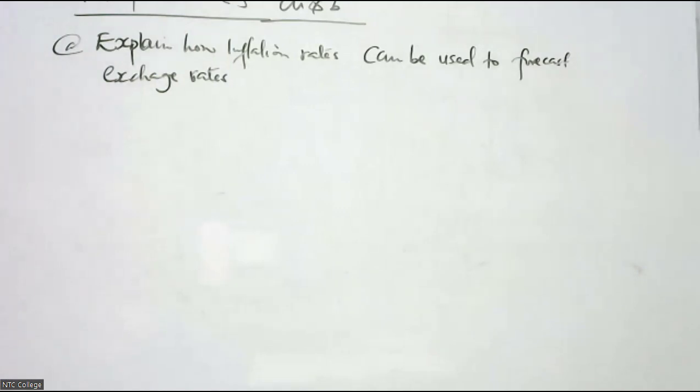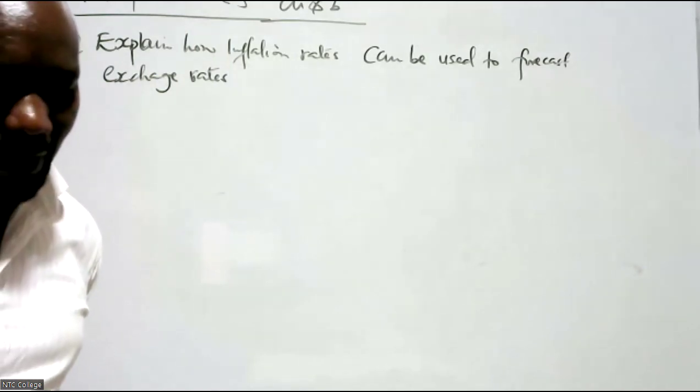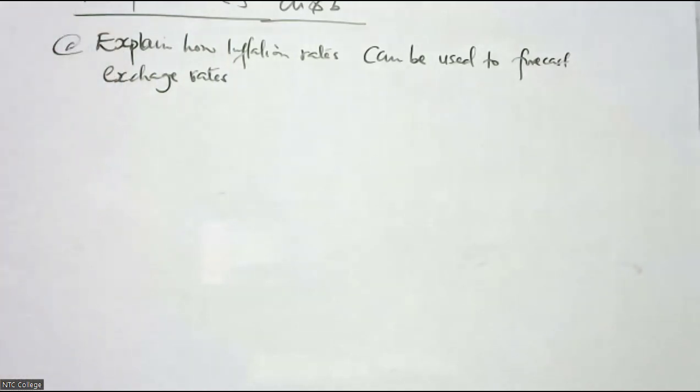Do we understand? It said that the exchange rate between two countries is the same in equilibrium when the purchasing power of the two countries is the same in each country. Full stop.